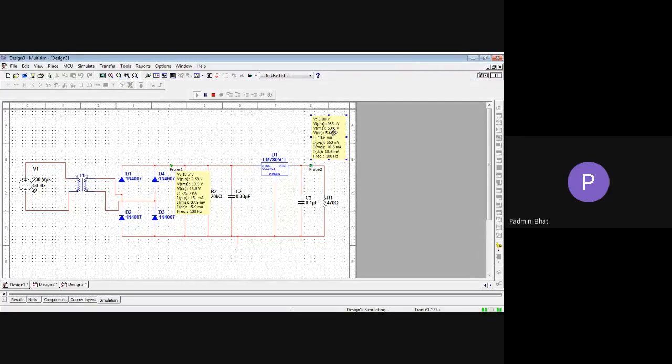Where are you using? In the charger, a regulator is there. Or have you put one for your TV stabilizer? Yes, ma'am. For the fridge also. Okay, then where else? That is for electrical use.